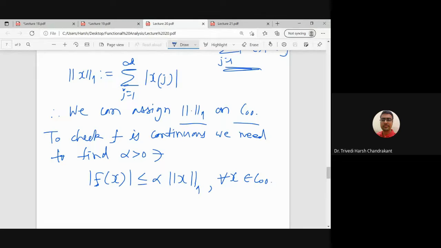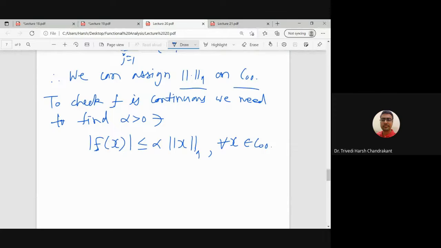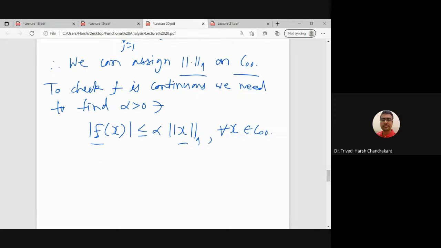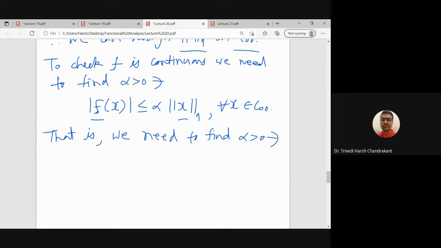So let us simplify this, because we know what our function is and what our one norm is. We need to find some alpha greater than 0 such that modulus of f(x).